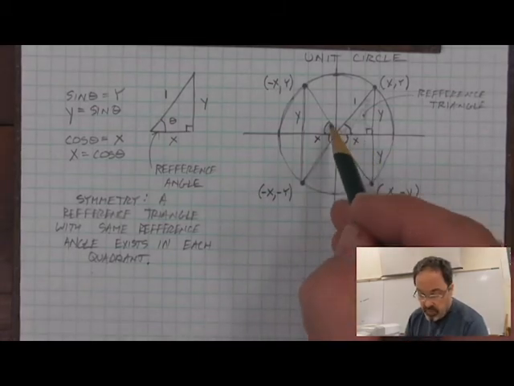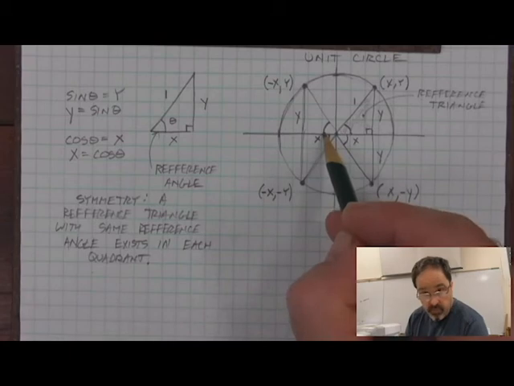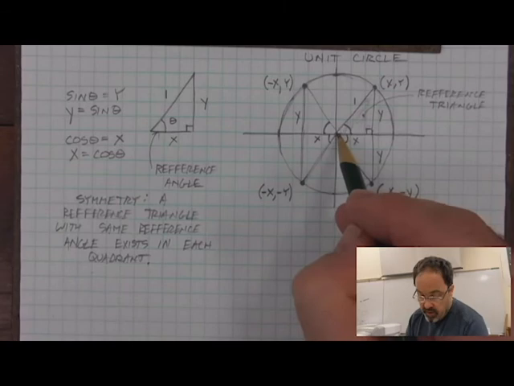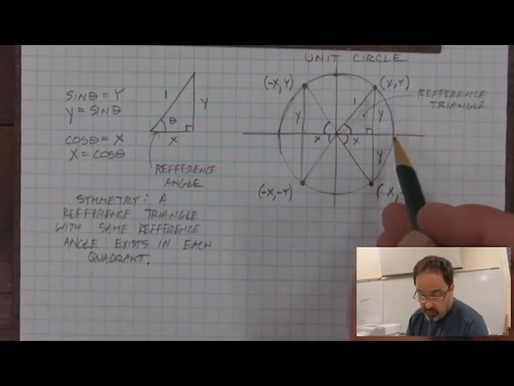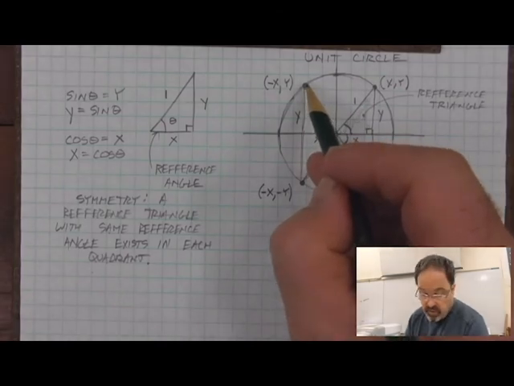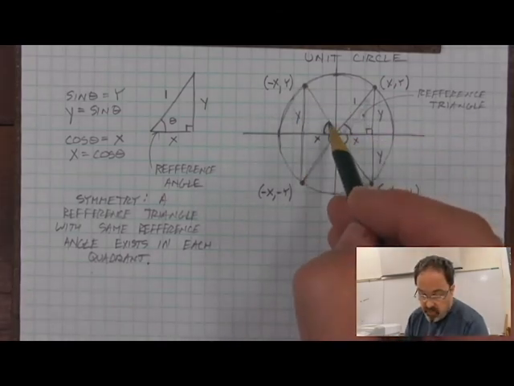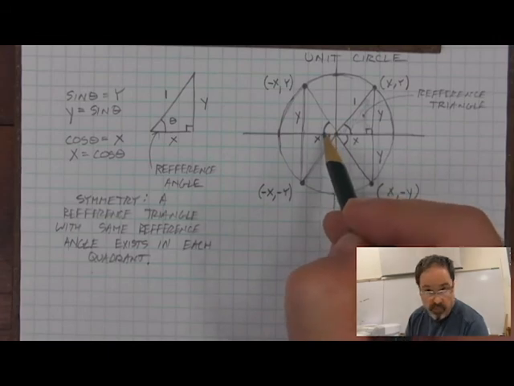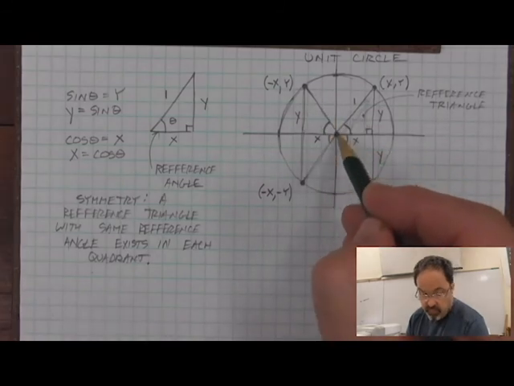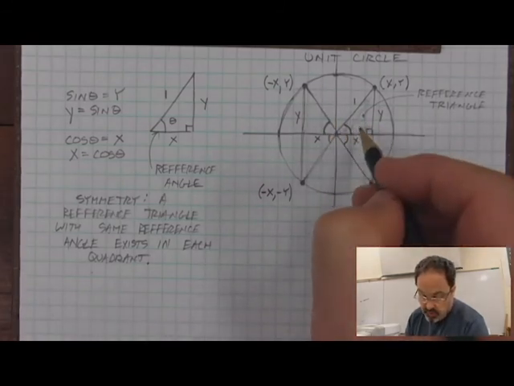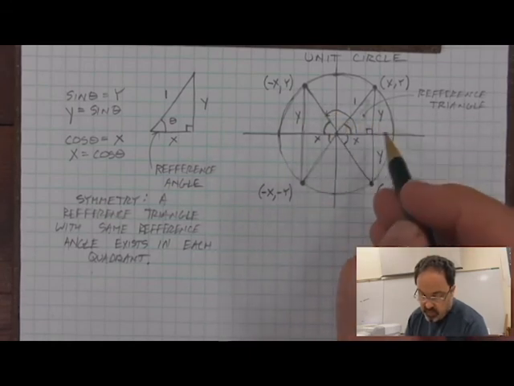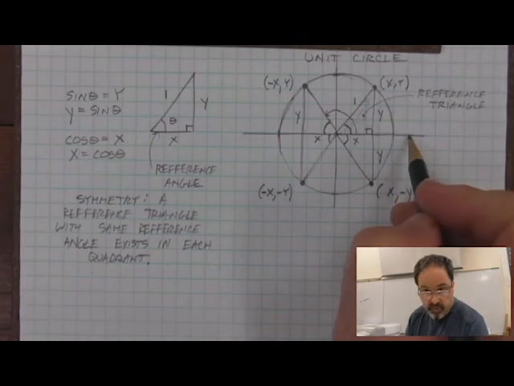There's a difference between the angle inside the reference triangle and the angle that is created from the positive horizontal axis as the point rotates around to get to that location. In the second quadrant, the reference angle is inside of the reference triangle, but the angle made by the radius of the circle in the second quadrant is larger and sweeps starting from the positive horizontal axis.